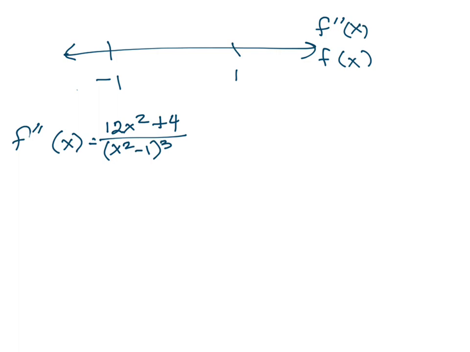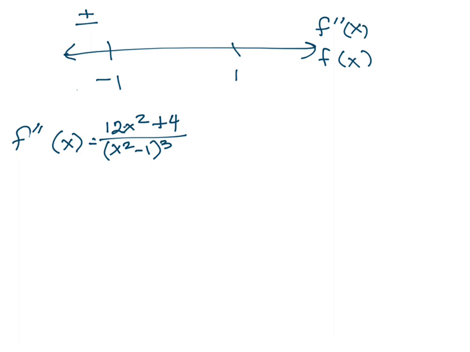If we test a number less than negative 1, that's going to come out positive on the top and negative on the bottom. A number less than negative 1 is going to get squared, so it's going to be positive, and then it'll be minus 1.